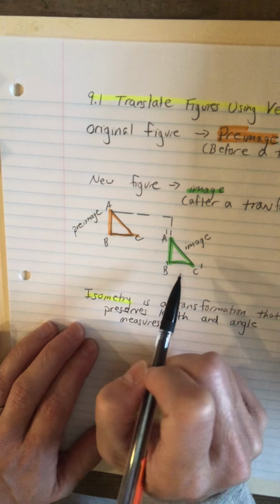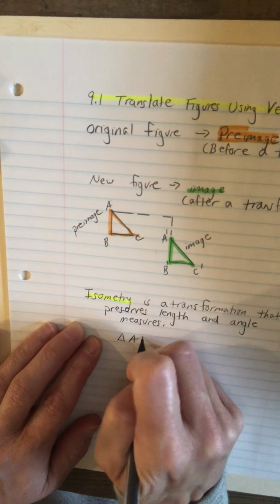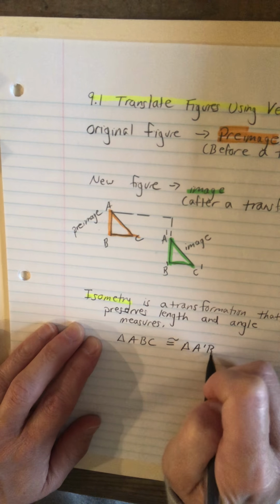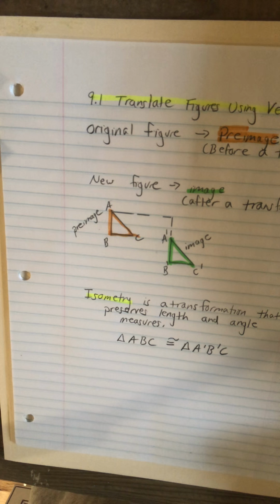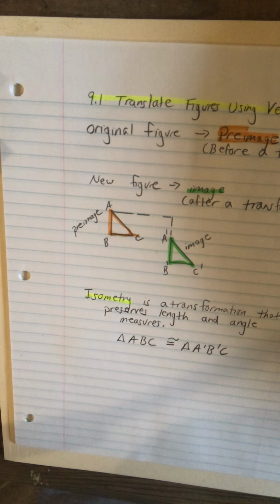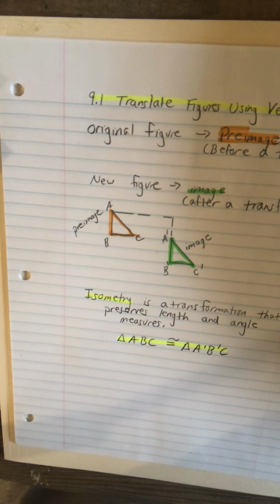Meaning, if this was an isometric transformation, triangle ABC would be congruent to triangle A prime, B prime, C prime, because all corresponding parts would be congruent. All right, so that would be an example of an isometric transformation because it preserves congruency.